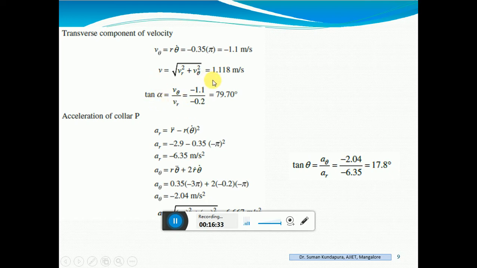And the angle also you can find out. V theta by VR value you will get alpha. Acceleration of the polar, that is our basic equation for AR and A theta. Substitute the respective values. What is R double dot?